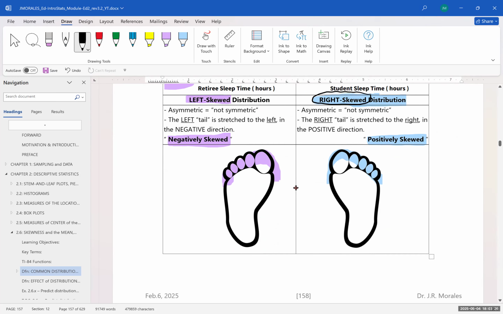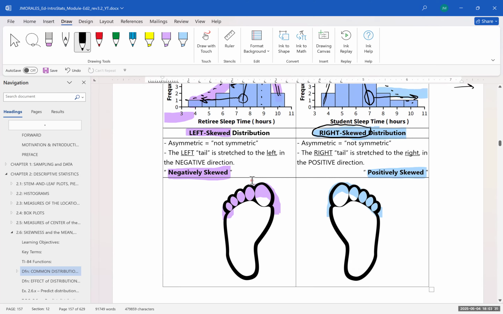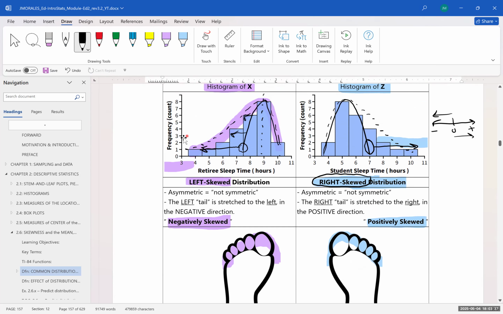So this seems to be a good way to remember what we mean by left skewed and right skewed. Look down at your foot and see if the distribution you're looking at matches the pattern of the toes on your feet.